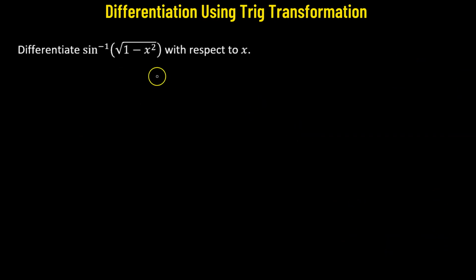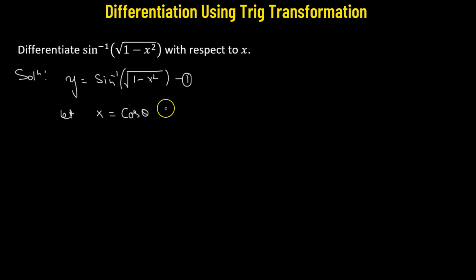Here we have to take the derivative of sine inverse of square root of 1 minus x squared with respect to x. So let's begin by supposing y to be equals to sine inverse of square root of 1 minus x squared. Let this be equation number 1. Here we will make a trigonometric substitution, x to be equals to cosine of theta, such that square root of 1 minus x squared becomes equals to square root of 1 minus cosine squared theta.